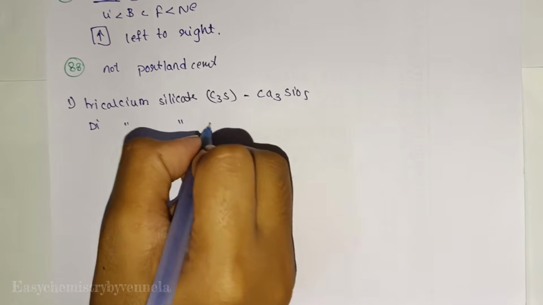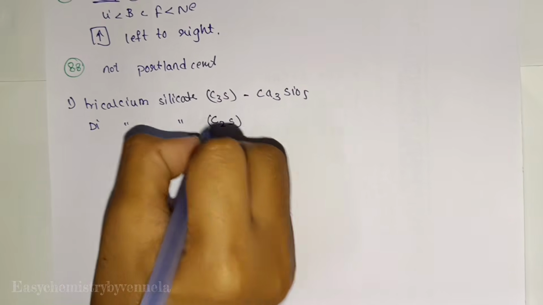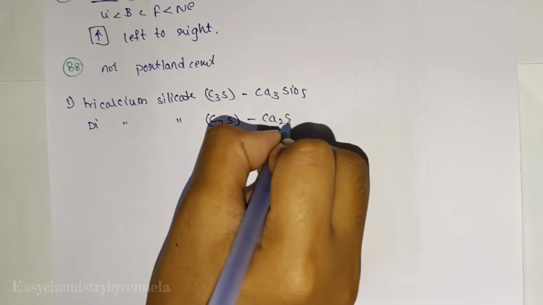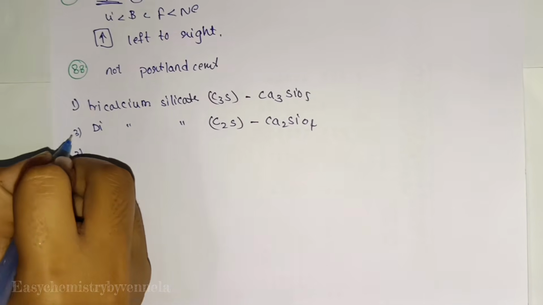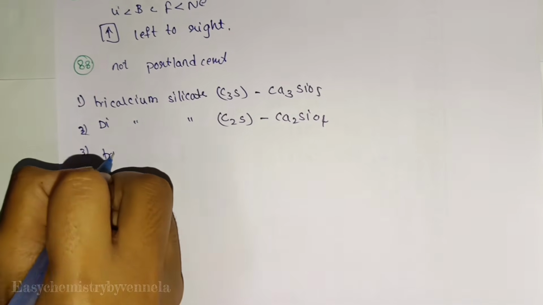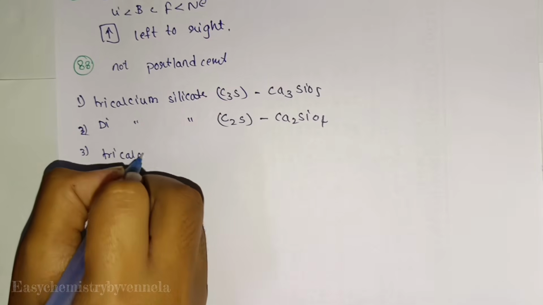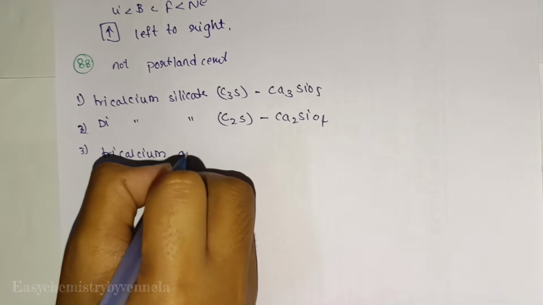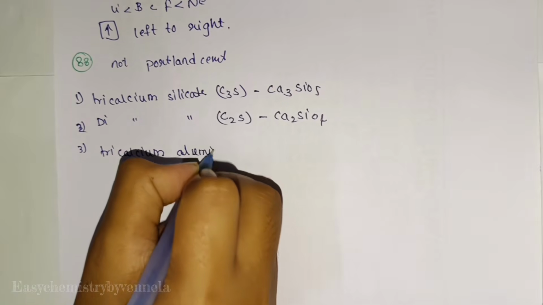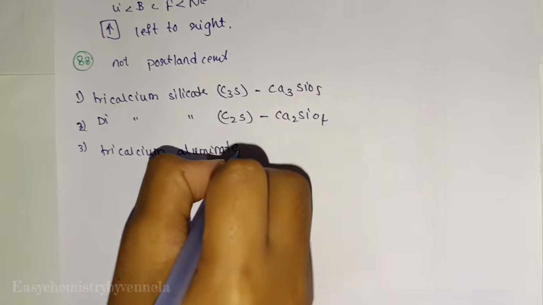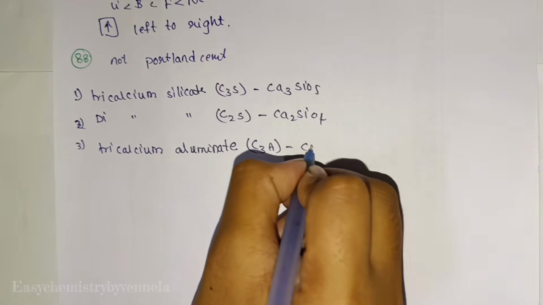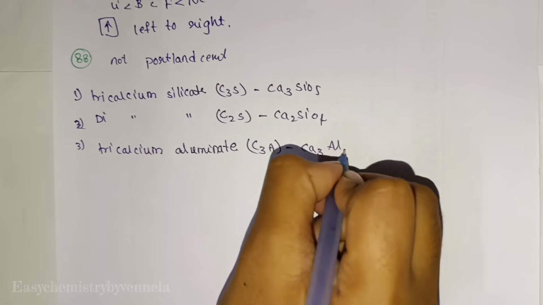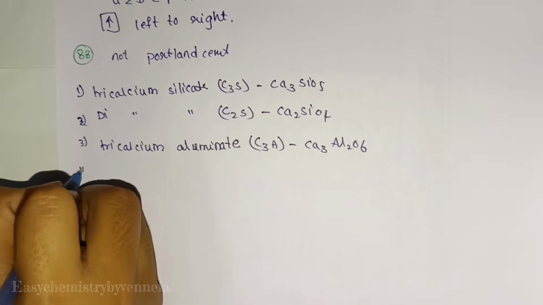Dicalcium silicate, that is C2S, formula Ca2SiO4. Next, third one, tricalcium aluminate, Ca3Al2O6.